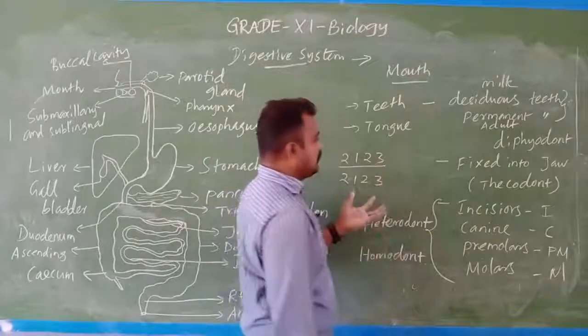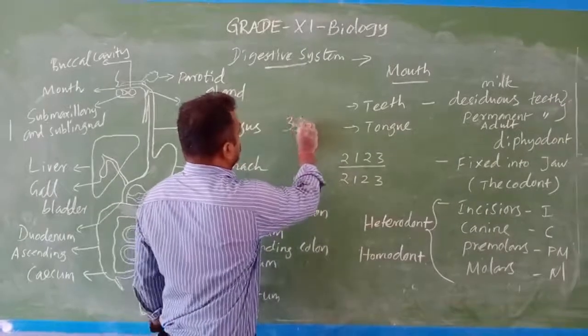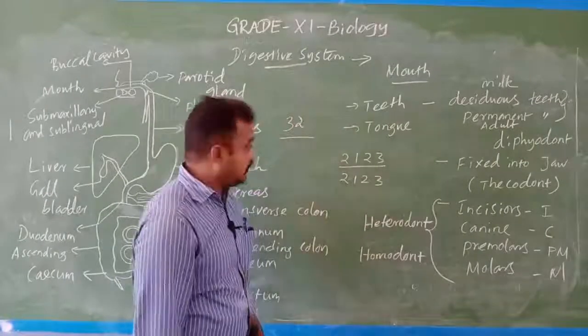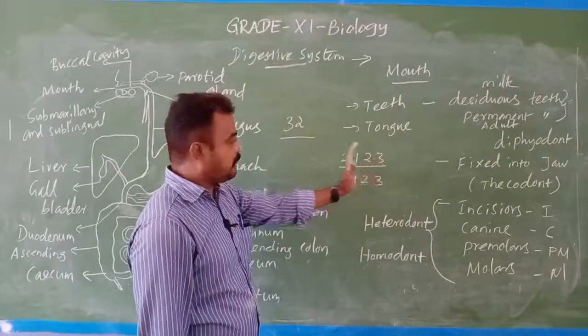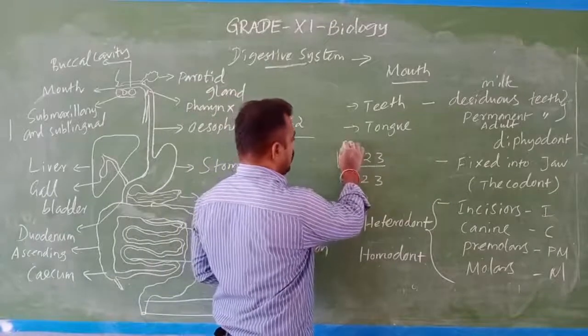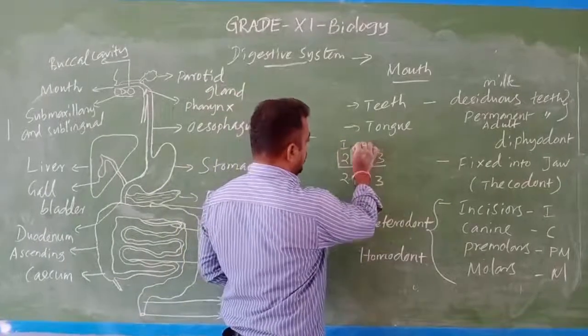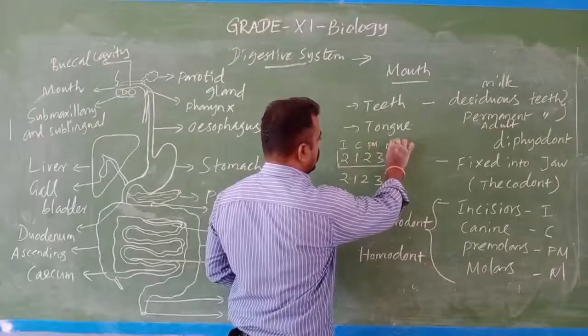So in an adult human being we have 32 permanent teeth. It is half of the upper jaw and lower jaw, half of the area. In the upper jaw, half of the area is incisor 2, canine 1, premolar 2, molar 3.